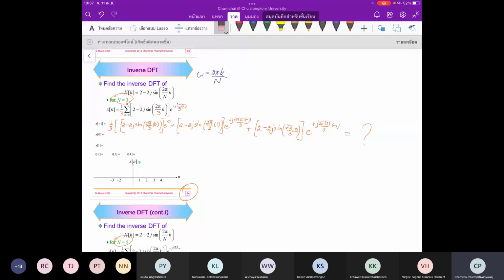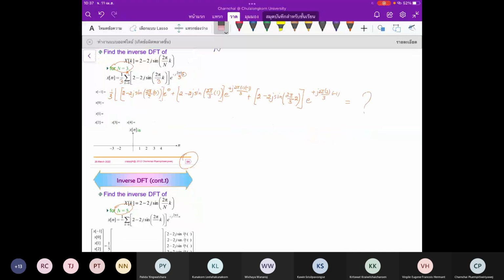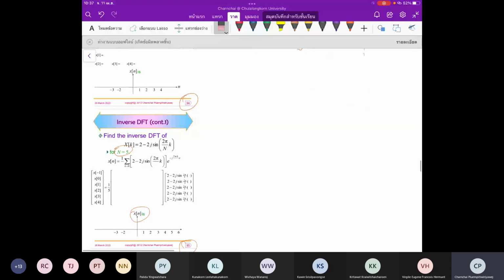Did you find out what these numbers are? Did you have time to do that over the weekend? Let me check. Hold on a second. I need to turn on my computer.